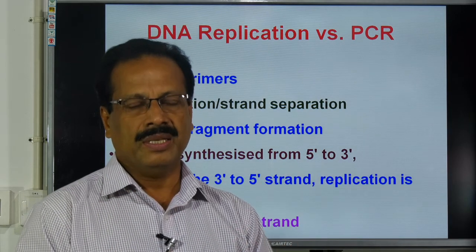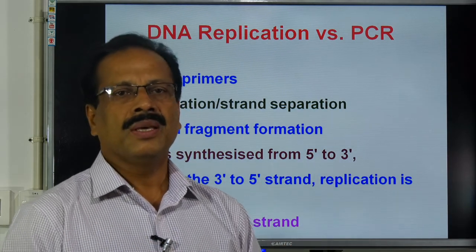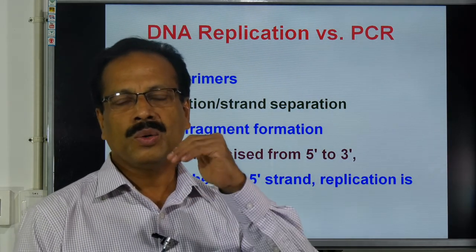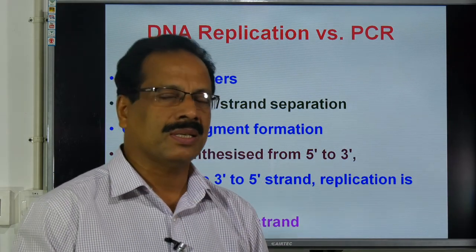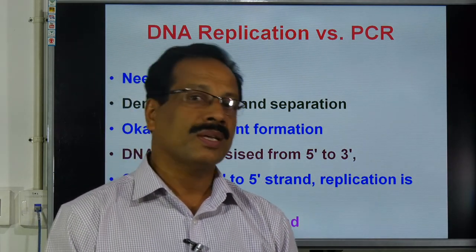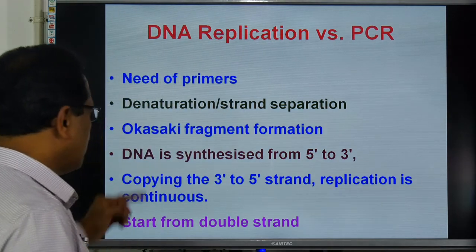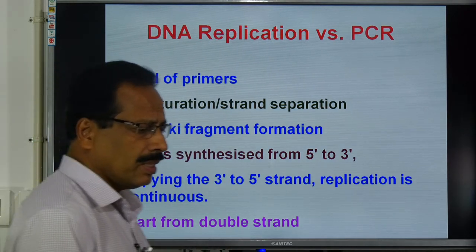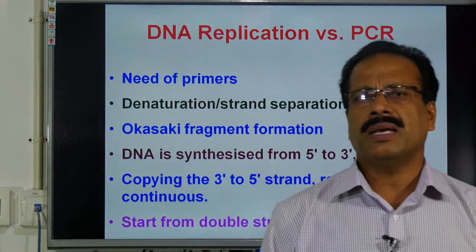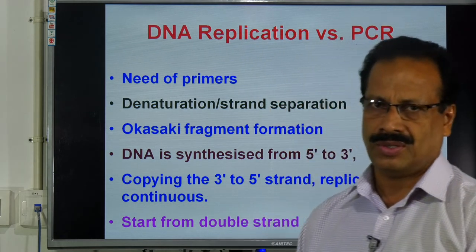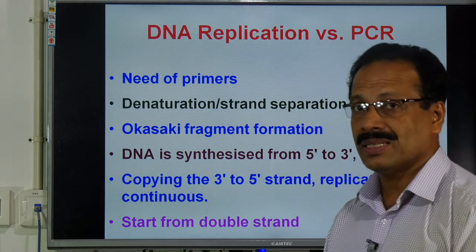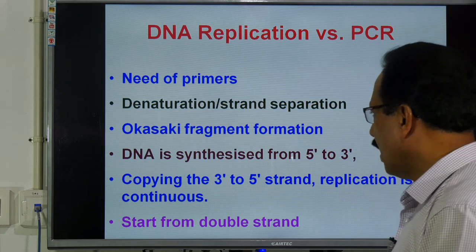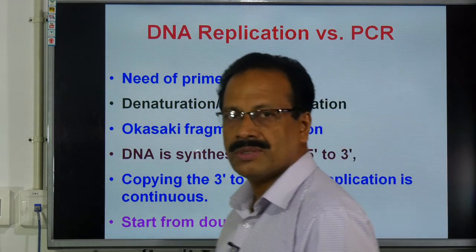The need for a helicase is removed by including a particular temperature step in the PCR reaction cycle. And PCR also needs external primers to be supplied. We will discuss those details later.